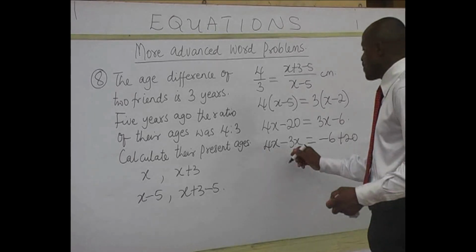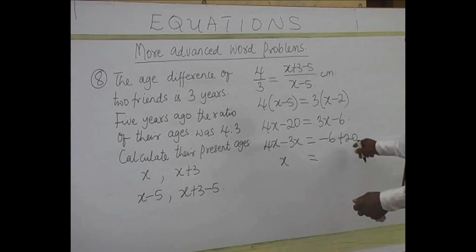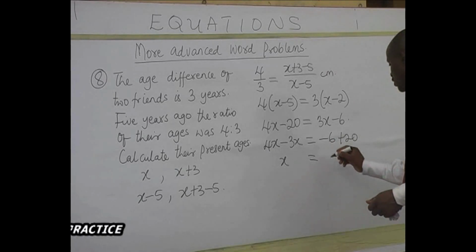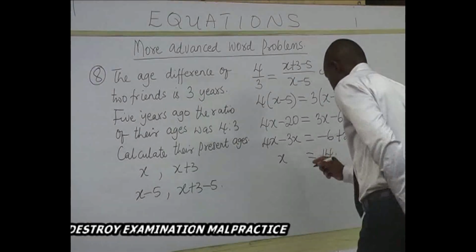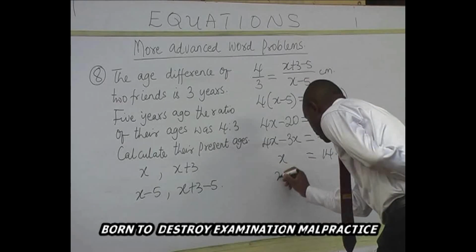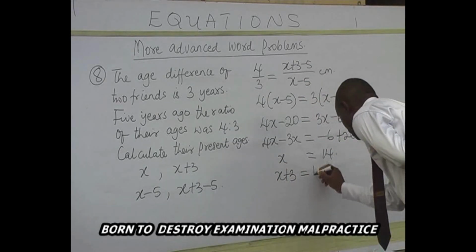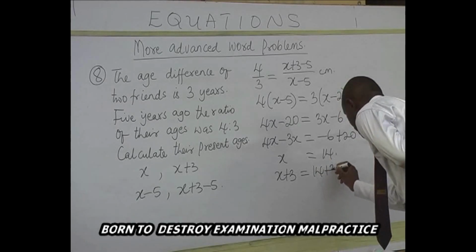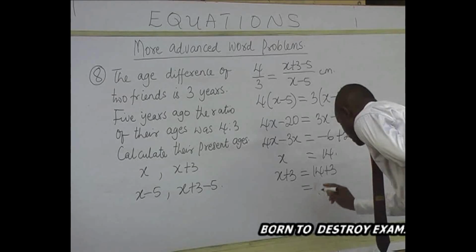Now 4X minus 3X will give you X. What this means is 20 minus 6, and 20 minus 6 is 14. One of them is 14, that is X. That means the age of the second person is X plus 3, which will be 14 plus 3, and 14 plus 3 is 17 years.